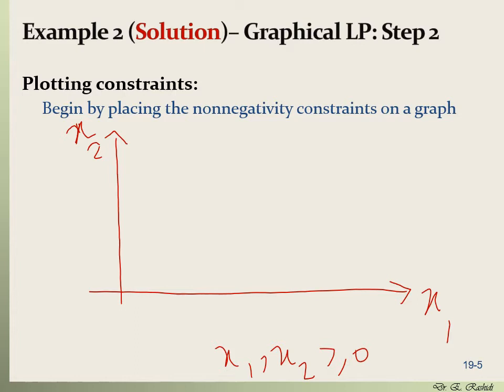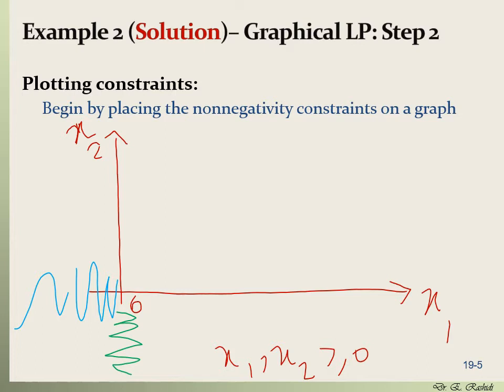Suppose the intersection between the two axes is 0. On the left side, x1 is negative, so we're going to ignore that. It's not going to be part of our feasible space. Also, below 0, x2 is negative, so we're not going to consider this either.